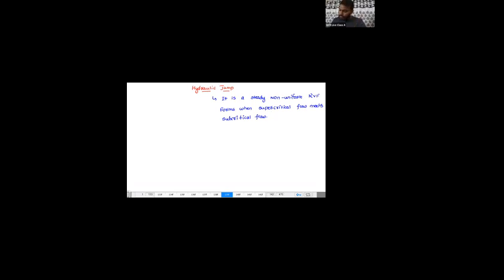Okay. So now, what is the meaning of that? If this is a spillway hydraulic structure, and you know that in the previous, is the screen not visible to you?